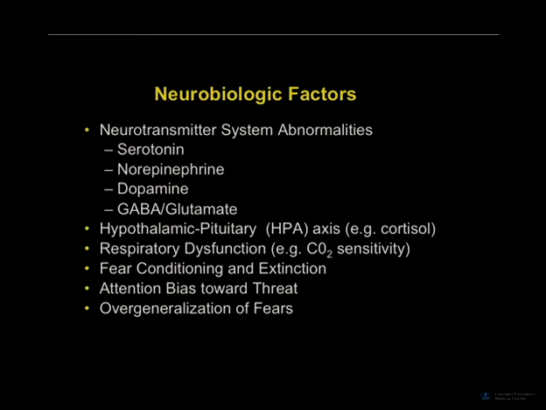Respiratory dysfunction can be an issue, particularly in panic disorder. I know you just heard about respiratory illnesses. Panic disorder is the most common condition where people experience a lot of dyspnea. There have been quite a few studies trying to understand that better, whether they have some differences in carbon dioxide sensitivity, and that does seem to be a factor.